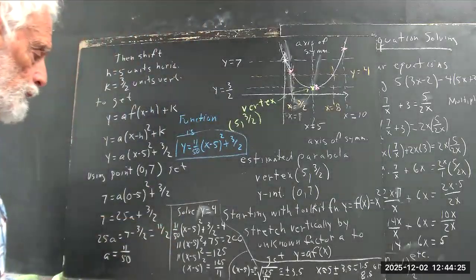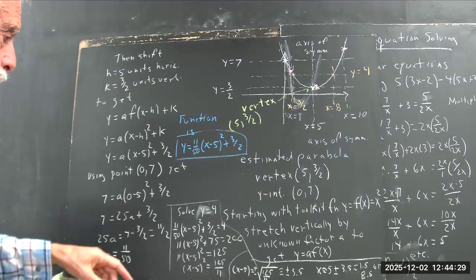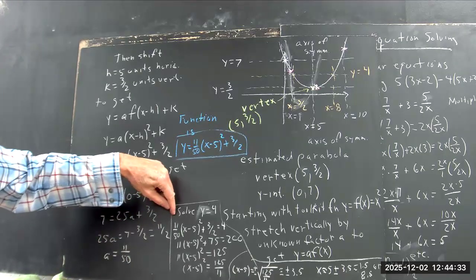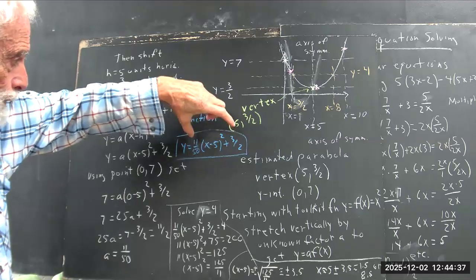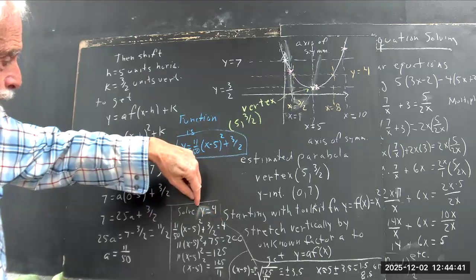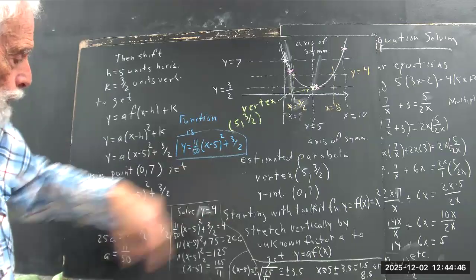Now we solve the equation. Solving the equation is straightforward. We write out the right-hand side of the equation and set it equal to 4. That's the same as saying y equals 4. Y equals this, so this equals 4.